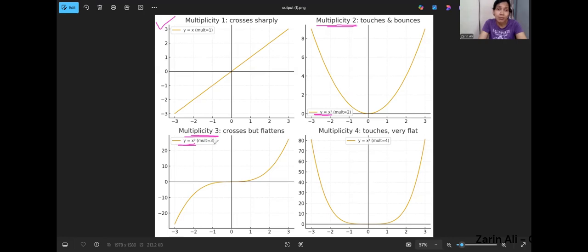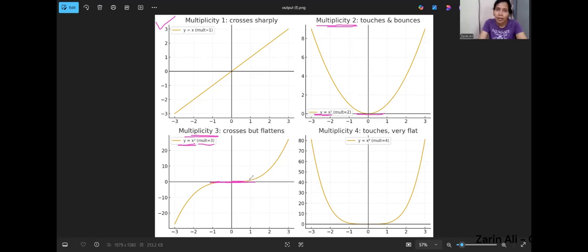But with the multiplicity being 3 here because of the roots, what is happening is that it's crossing, but it's flattening here. If I look at the tangent here, you see there is a difference in the pattern of the nature of the slope here and here. It's flattening near the axis.